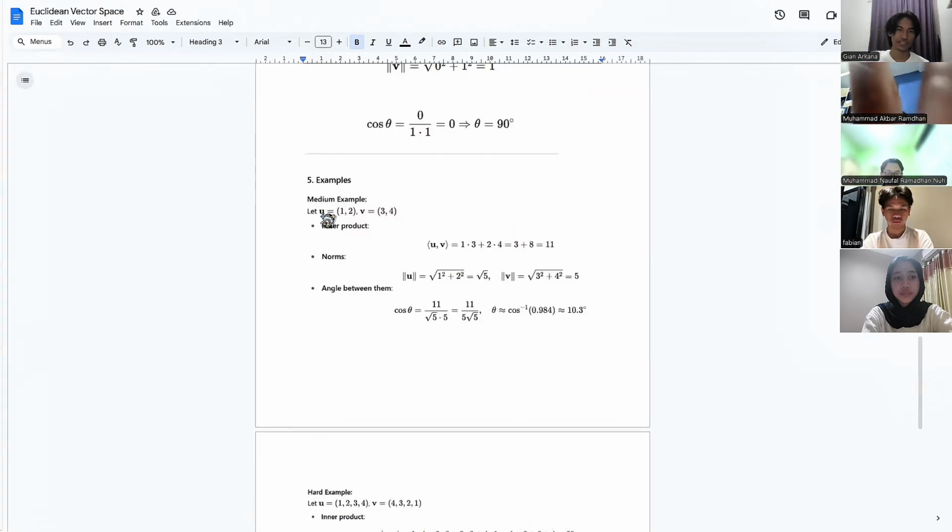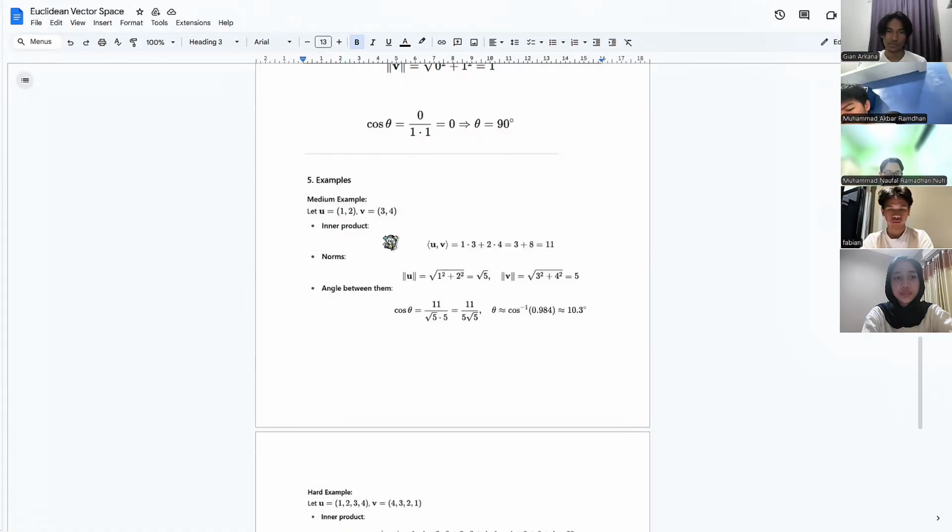And here we have another example. This time the vector u has members 1 and 2, and the members of vector v are 3 and 4. As usual, for the inner product, we multiply all of the members of each vector according to their positions.